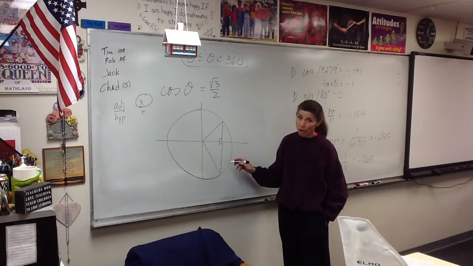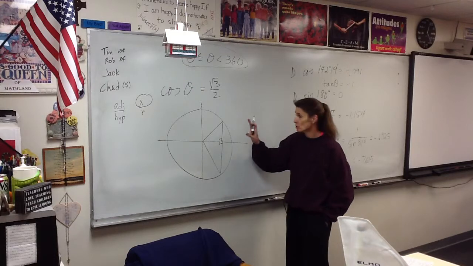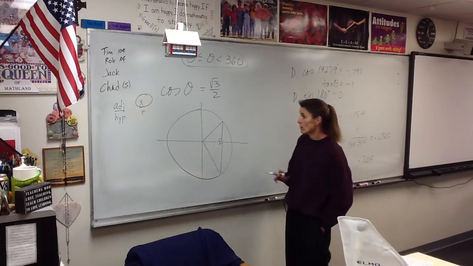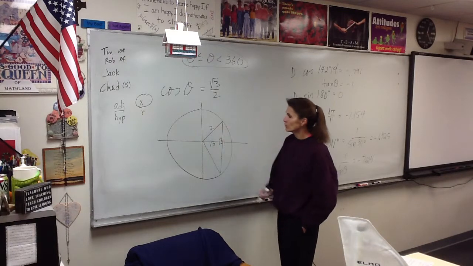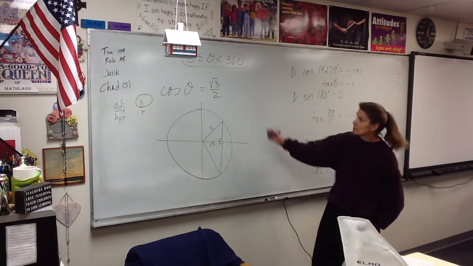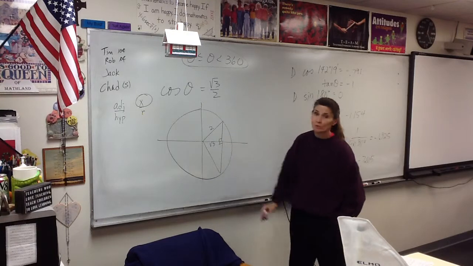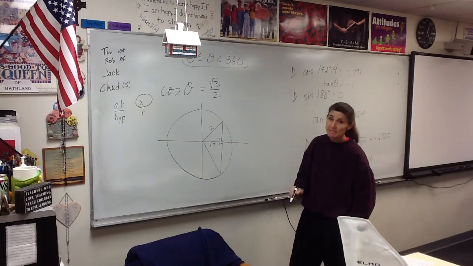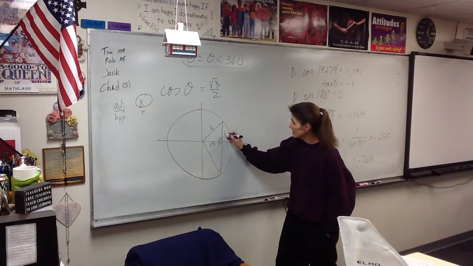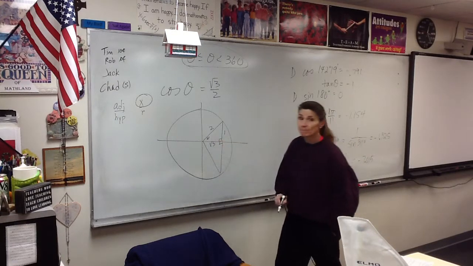These two triangles are congruent, even though they don't look like it in my picture. They are the same triangle, just one's in quadrant 1 and one's in quadrant 4. Now the cosine is root 3 over 2, adjacent over hypotenuse, root 3 over 2. You're supposed to recognize that triangle. You need to be able to recognize that this is a 1 and this is a 30.